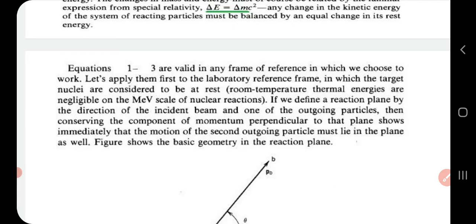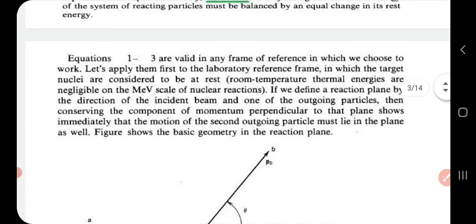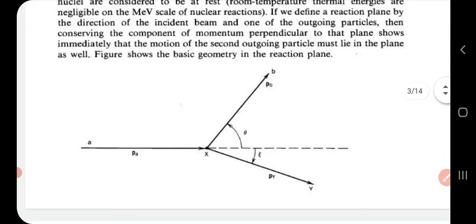That is, if we consider a laboratory reference frame in which the target nucleus is at rest, and in that frame we consider a reaction plane, then the momentum component perpendicular to the reaction plane shows that the motion of the second outgoing particle also lies in the plane, which is depicted in this figure.